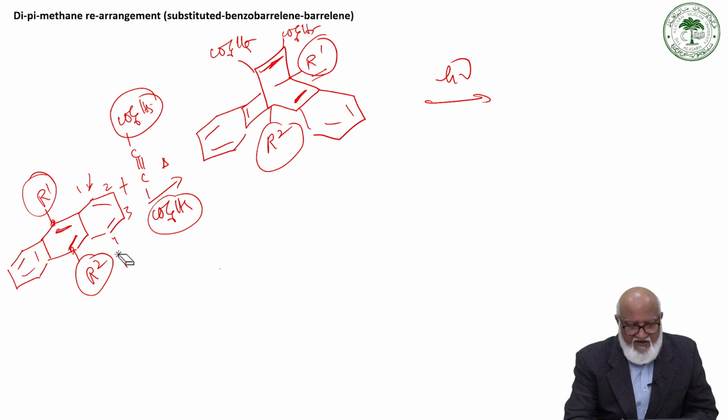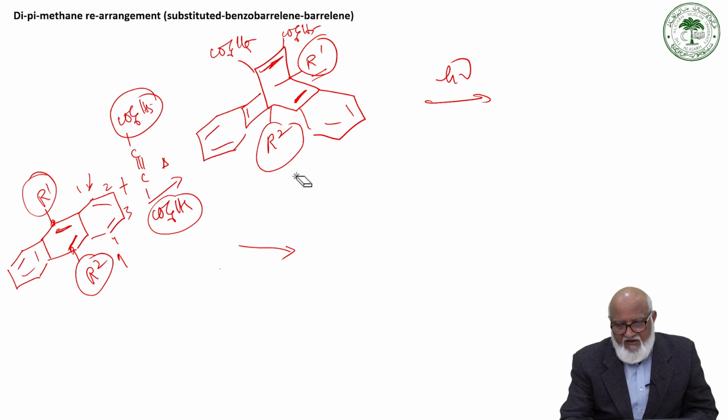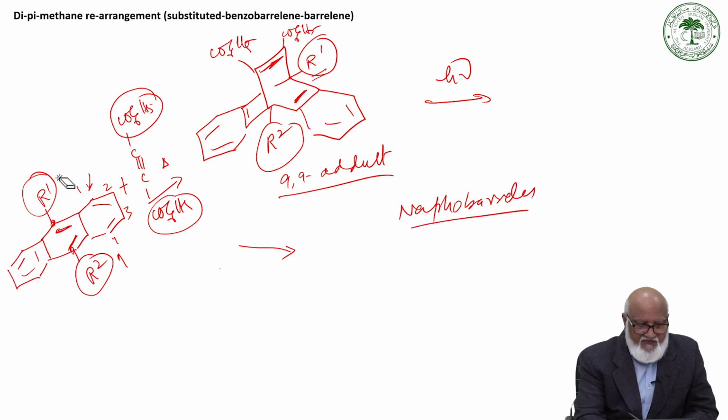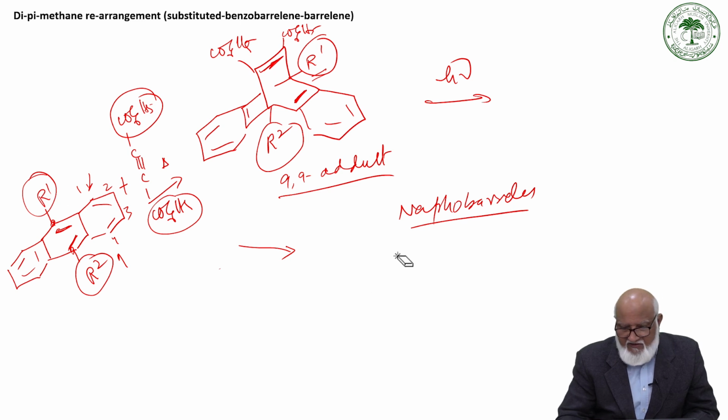Addition of this dienophile to 1,4 position is taking place, and instead of the 9-10 adduct, naphthoberylene has been reported because of the steric interaction between them. So the naphthoberylene we can write.